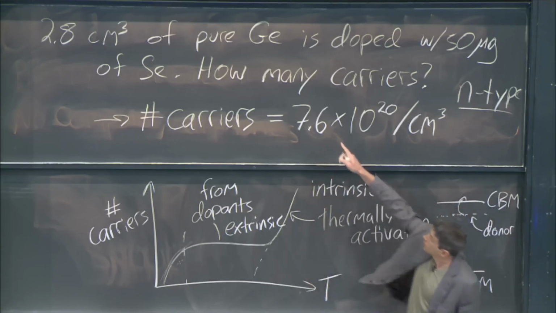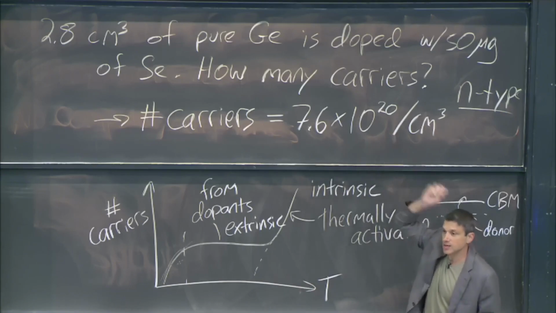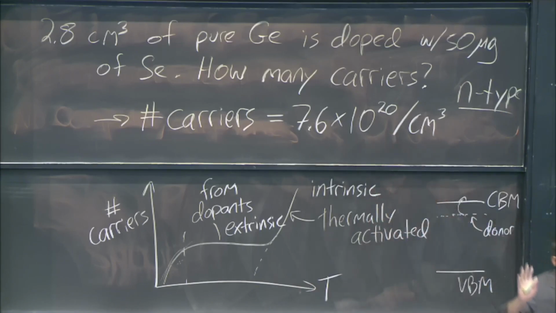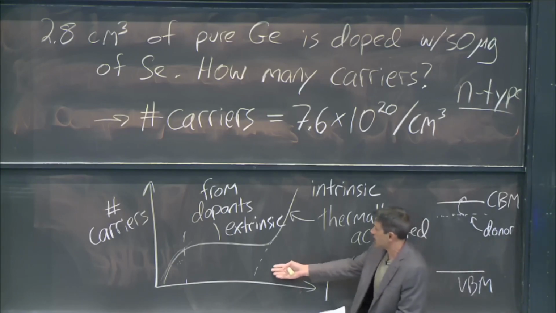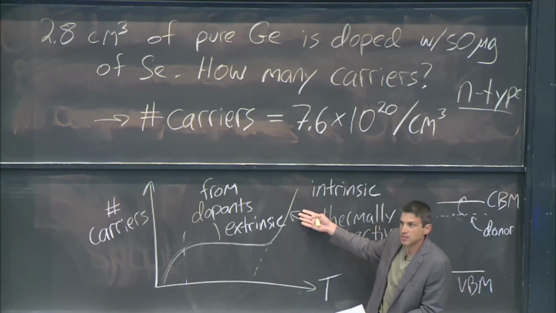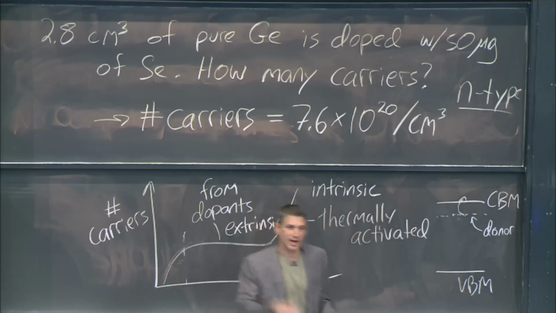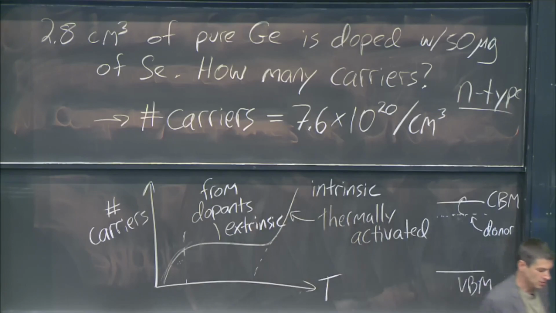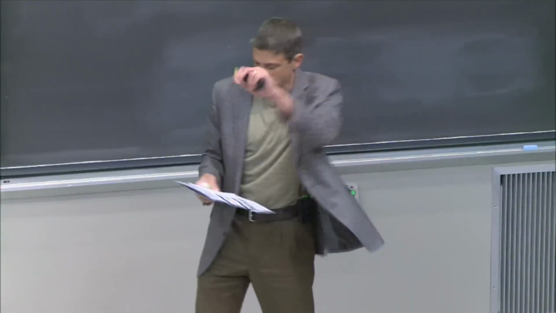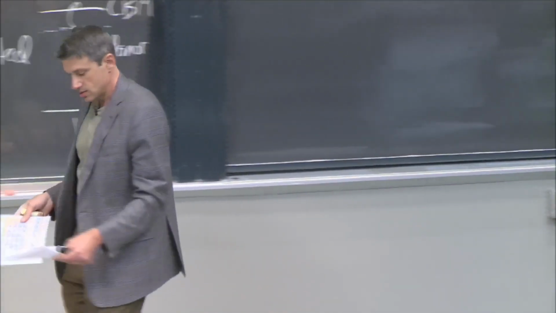It's pure germanium. I didn't do anything to the material, but you can still get carriers from thermal activation above the gap. Whereas if it's extrinsic, it means I did something external. I added dopants. Those are extrinsically doped, okay? So those are just important distinguishing factors.